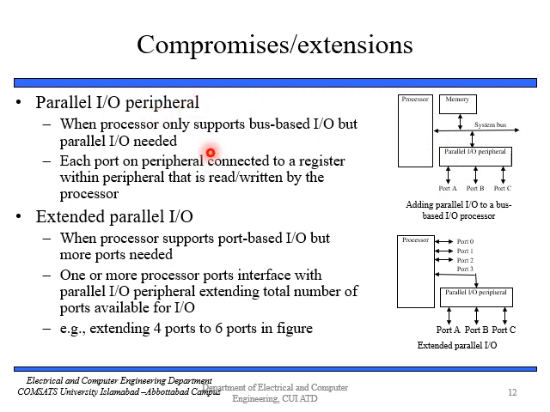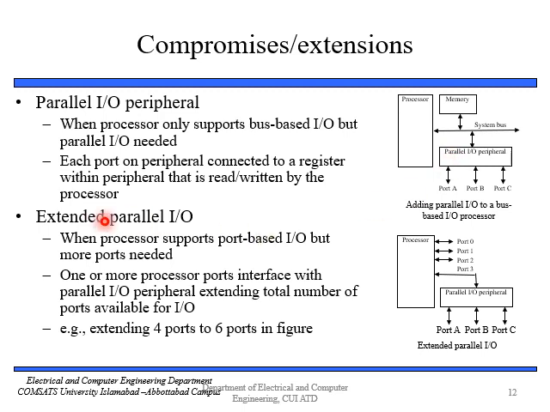When the processor only supports bus based I/O, but what is required is parallel I/O, we are going to use this module, parallel I/O peripheral. Each port on the peripheral is connected to a register within the peripheral. So this port is connected to a register in the peripheral that is written to or read by the processor.